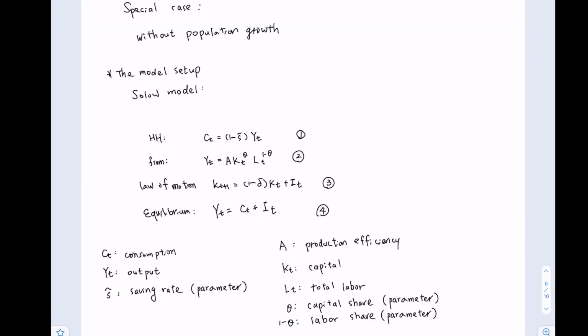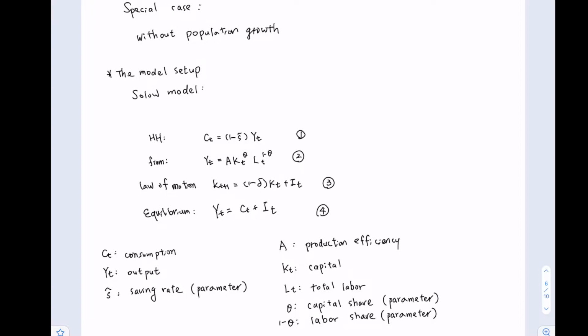So what I'm going to do next is talk about a special case under the Solow model, which is without population growth. Remember that in our previous discussion, we talked about the case where the economy is with population growth, and then we looked at the Solow model.